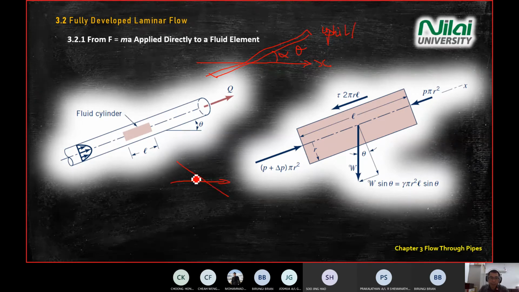If your pipe is in this direction, this is negative theta. This orientation of your pipe is called downhill.